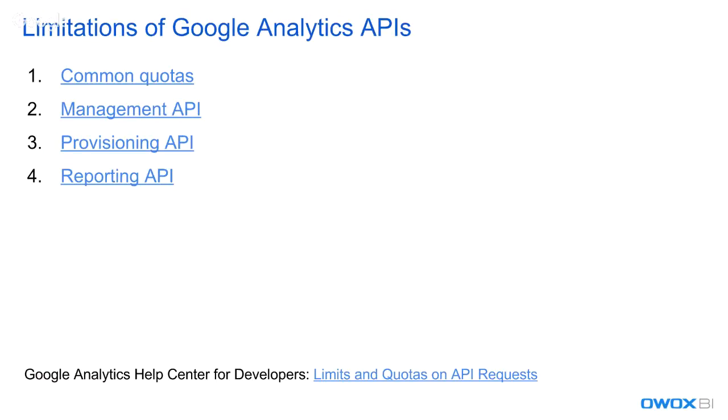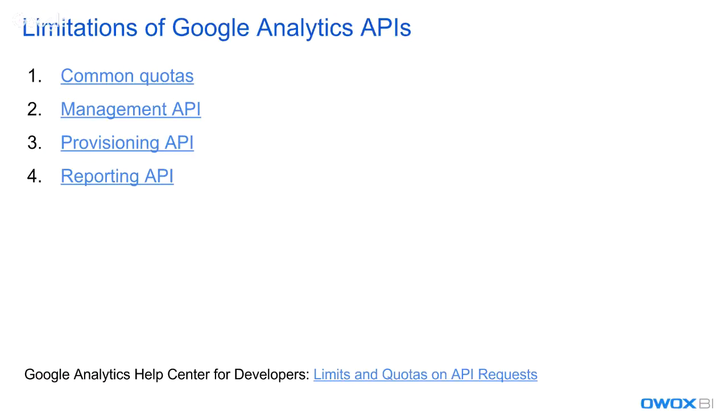But you should also know that there are some tools that help you go beyond this limitation. For example, OWOX has a tool like OWOX BI Pipeline, and we export Google Analytics data from Google Analytics to BigQuery.